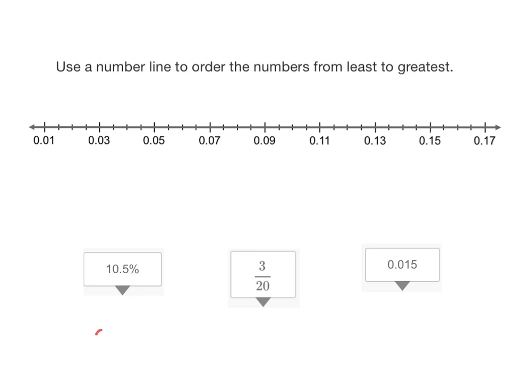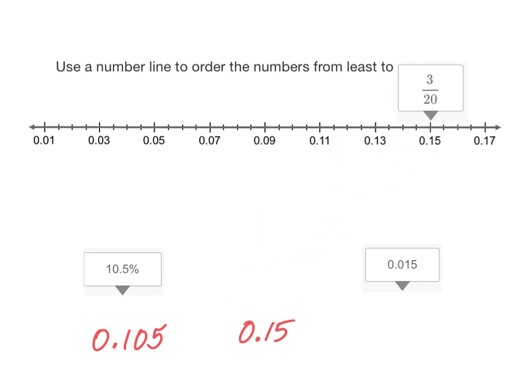So 10.5% would be 0 and 105 thousandths. 3/20ths is 15 hundredths, and then we already have this one in decimal form. It's 15 thousandths. So now I can order these on my number line. So I'm going to pick this one. That's probably the easiest one to put up there. So 3/20ths goes there.